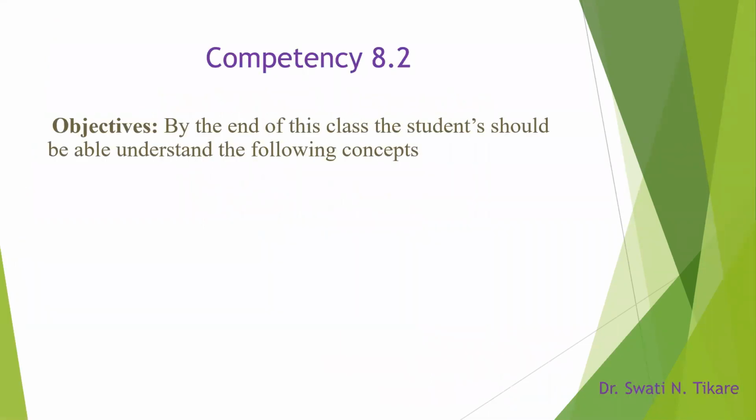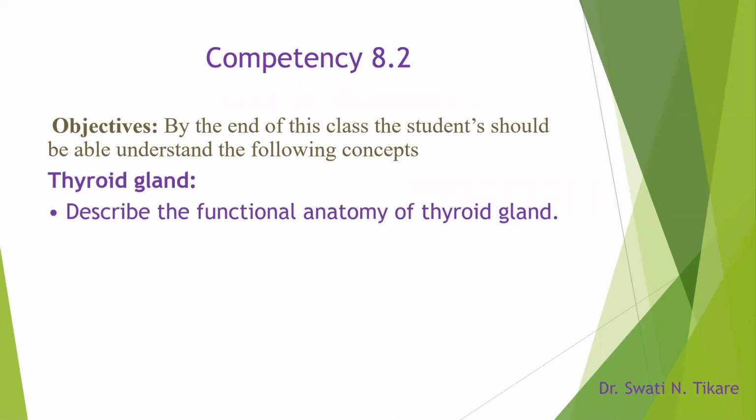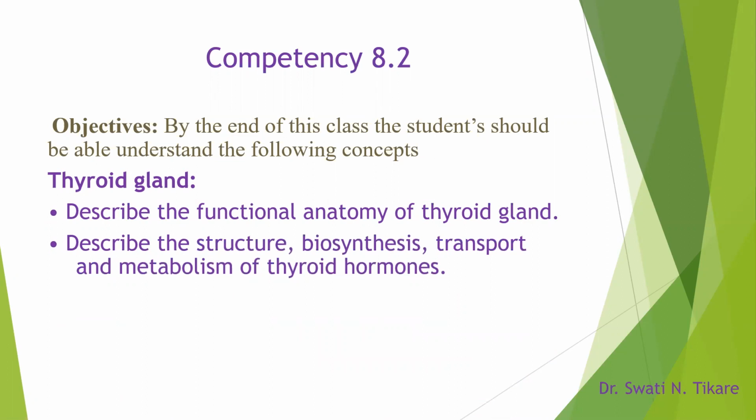So, we are going through a long objective, that is 8.2, and competency 8.2. And with this, today's objectives are of the thyroid gland. Describe the functional anatomy of thyroid gland. Describe the structure, biosynthesis, transport, and metabolism of thyroid hormones.